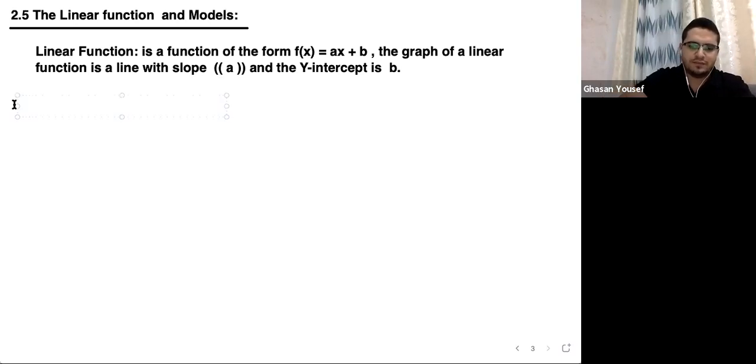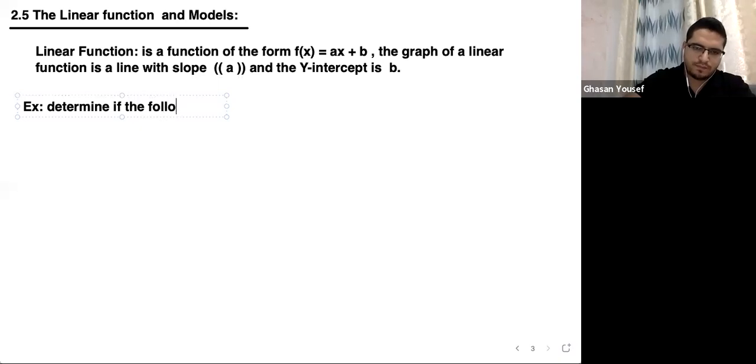So example 1: we have to determine if the following functions are linear or not.